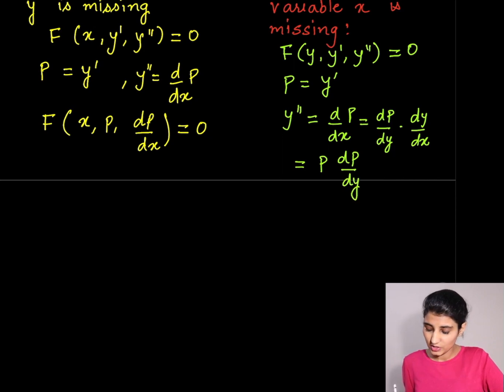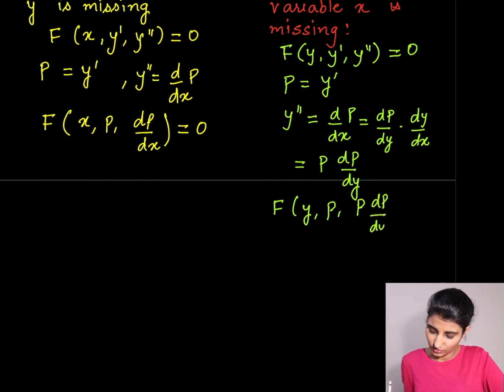So our equation now is in terms of y, p and p times dp over dy, equal to 0. In this case we will treat y as the independent variable, and we will solve this first order ODE for p, and then with respect to that p we will calculate our y.